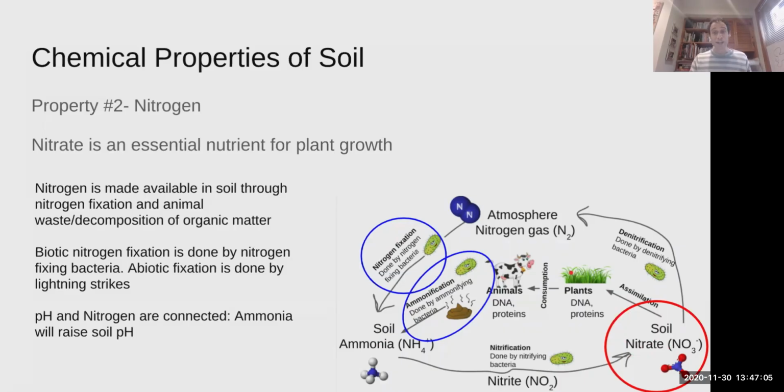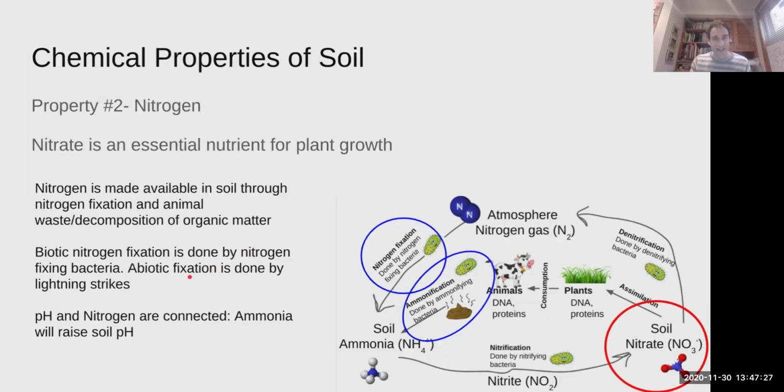So that's the main way nitrogen gets added into the soil, through biotic processes, through organic matter and fixation. Now, a good note about fixation: the majority of fixation is done through a biotic process by bacteria, but there is abiotic fixation.